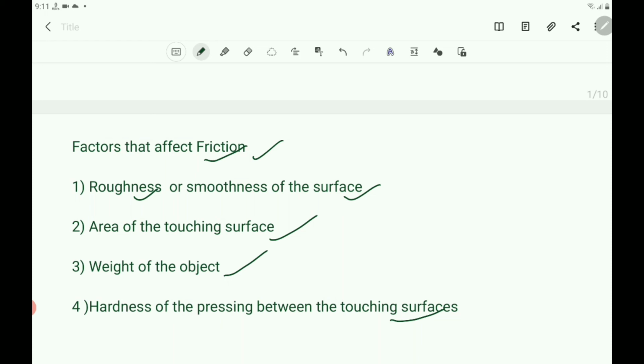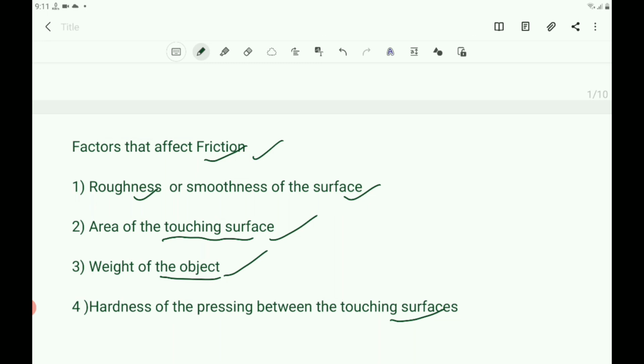As the area of the touching surface increases, the friction also increases. As the weight of the object increases, friction also increases.